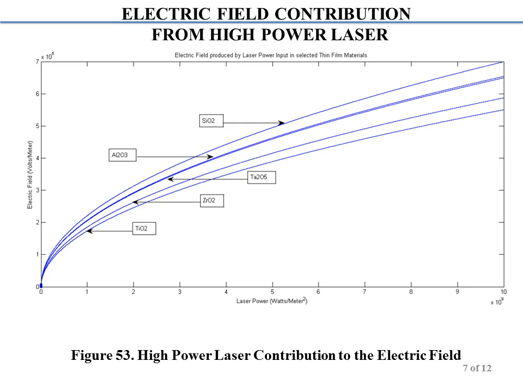As you can see, as the laser power increases, the electric field increases much more rapidly in silicon dioxide, followed by aluminum oxide, followed by tantalum pentoxide, zirconium dioxide, and titanium oxide.